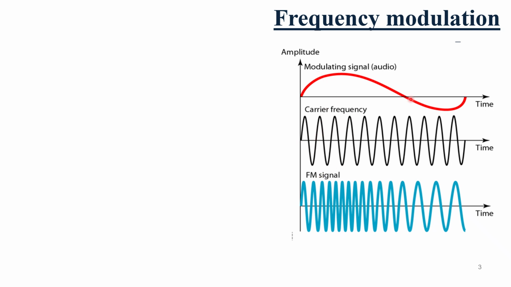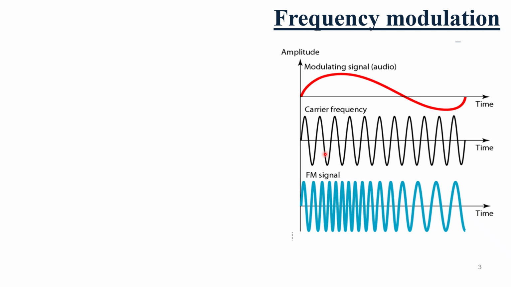The message signal, also called the modulating signal, has the information, but the carrier wave doesn't carry any information. The carrier wave can transmit to a longer distance because of its frequency, and the message signal can be loaded onto this carrier wave.